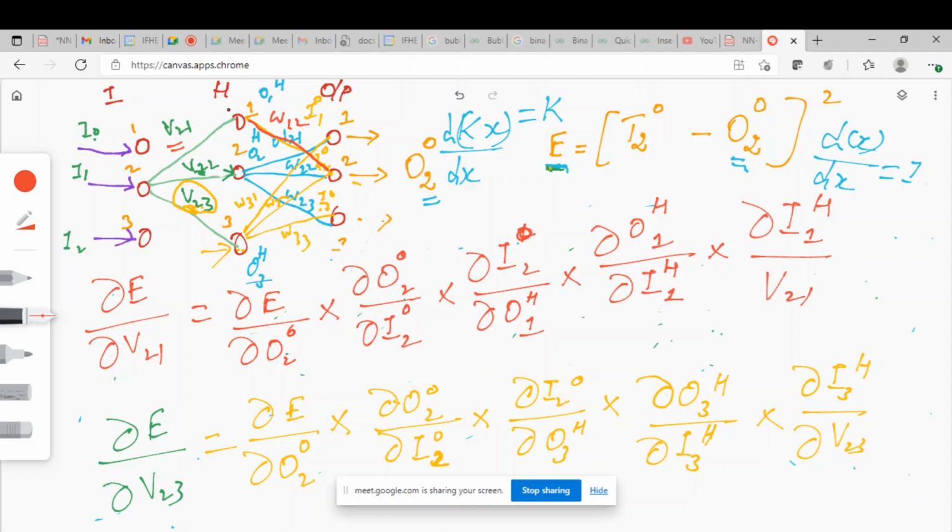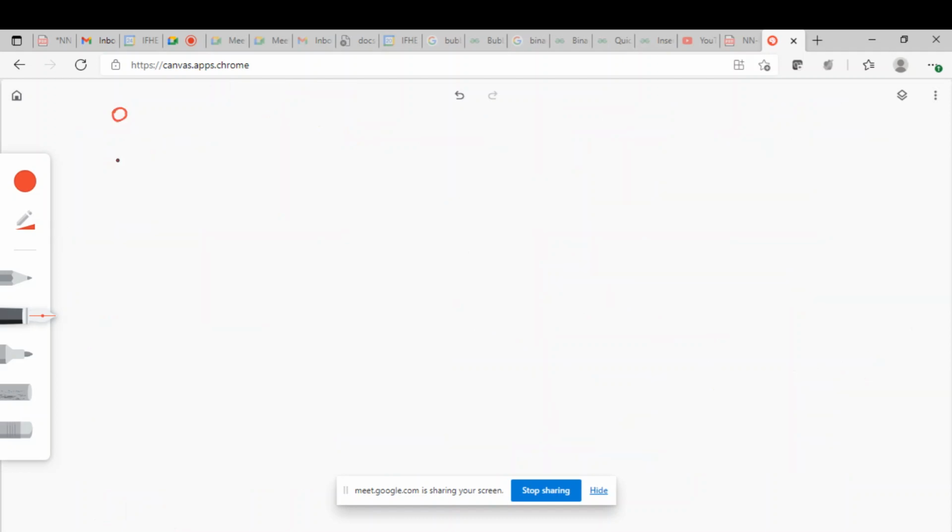So let me draw a neural network. Say this is the input layer, 3 neurons. This is H1, hidden layer 1, 3 neurons. This is H2, hidden layer 2, say 3 neurons. This is the output layer, here also we have 3 neurons.